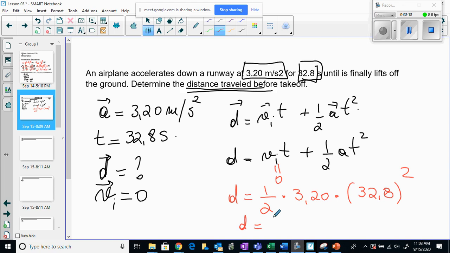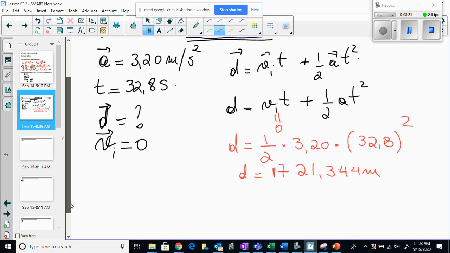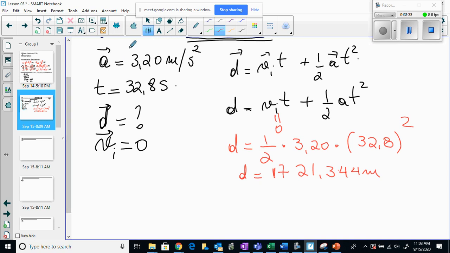The calculator gives us 1,721.344 meters. However, I said that we have to record it with the correct number of significant digits.